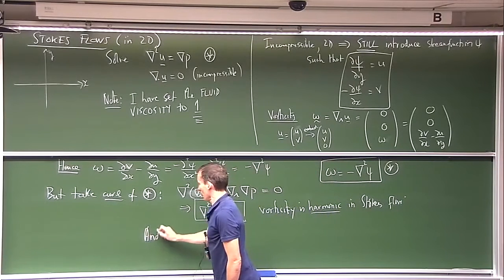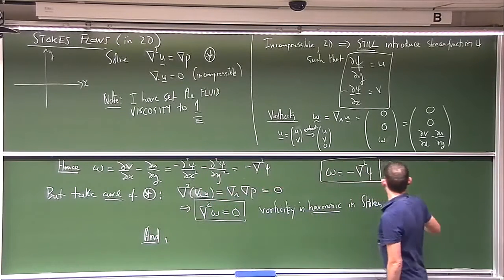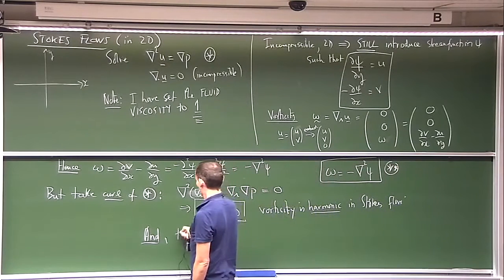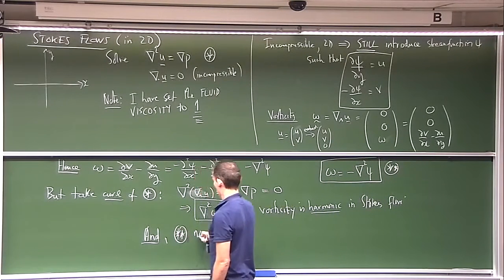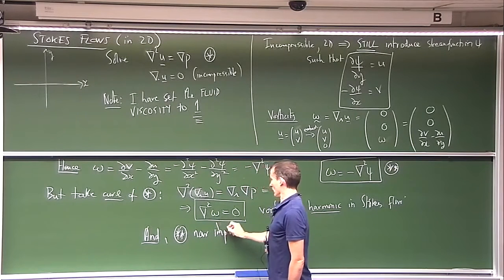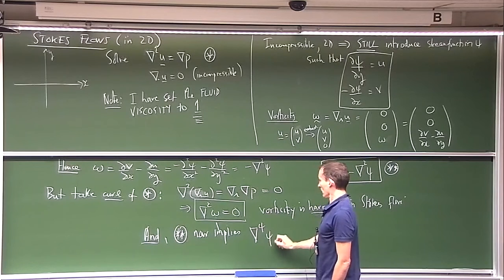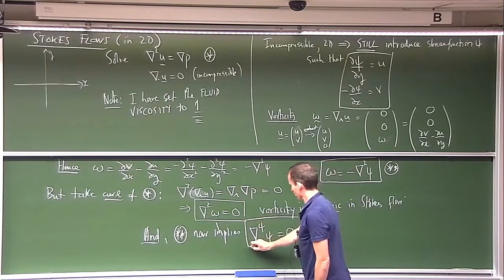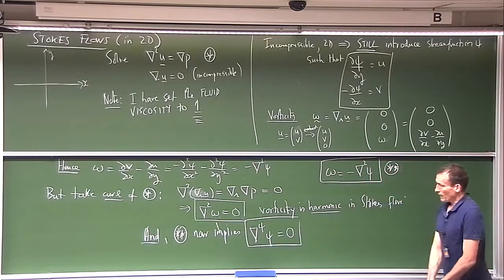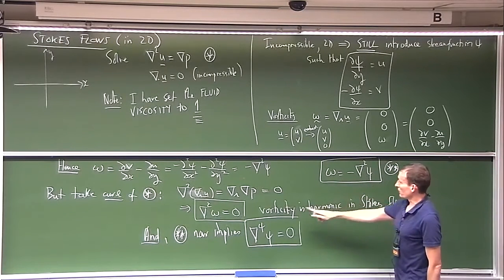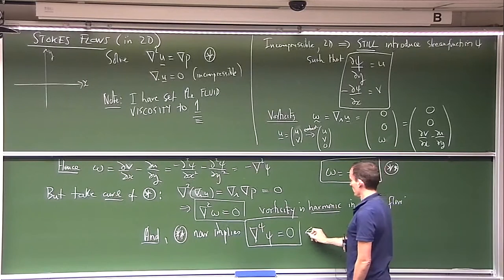Let's call that star star. And the stream function is biharmonic, because if we combine that equation with this, we can see that.